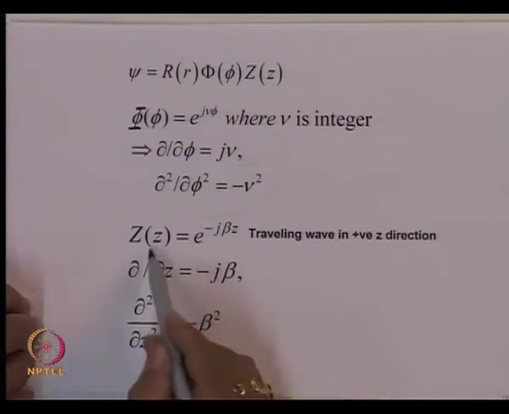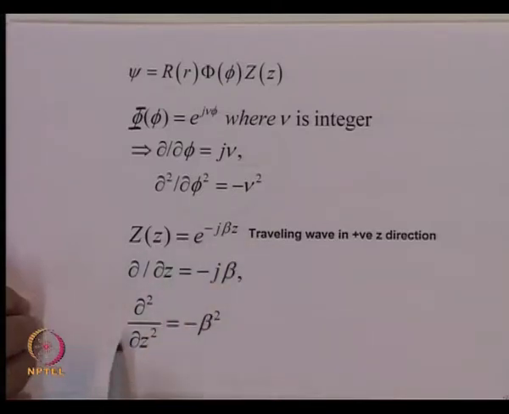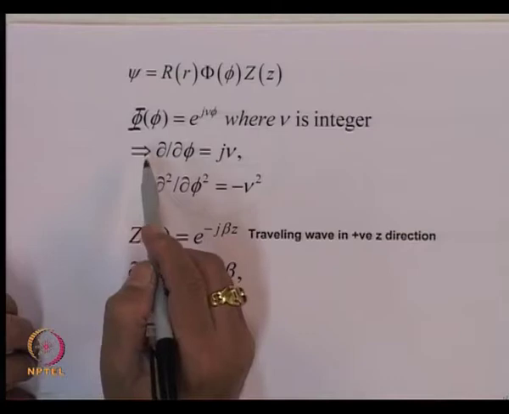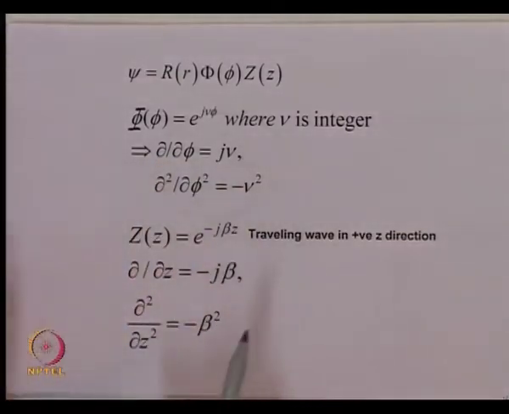So, if we define this function, then d by dz is equivalent to multiplication by minus j beta, and d2 by dz square is equivalent to multiplying a quantity by minus beta square. So, what we have done now is we have defined these two functions just by using our physical understanding of the problem.